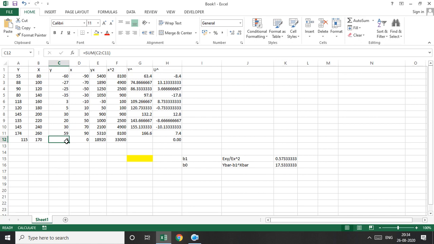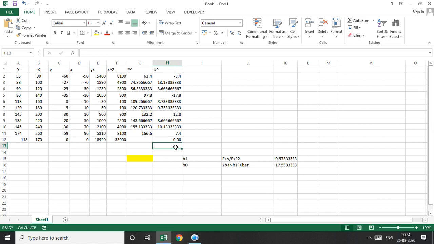So in the regression model, our aim is to reduce the errors. But when we adopt the criterion of sigma u, the sum of the errors, that will always be equal to 0. So we cannot adopt this criterion.